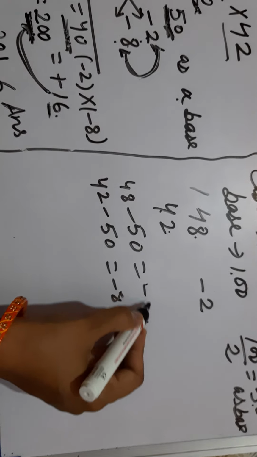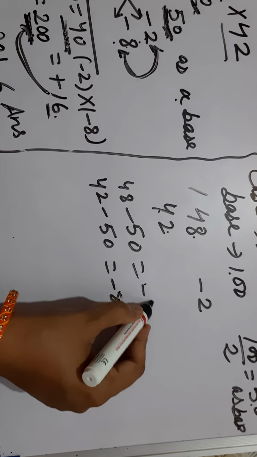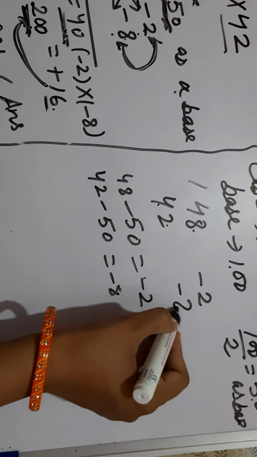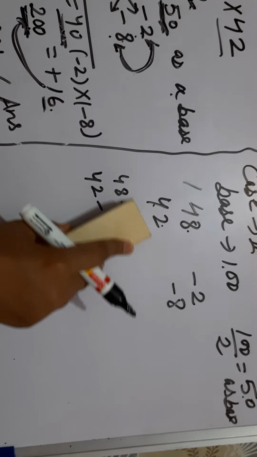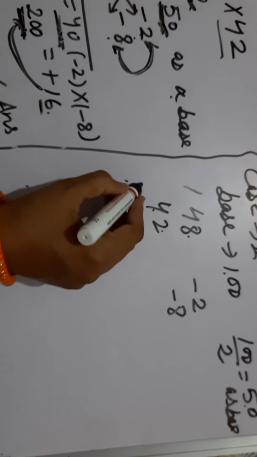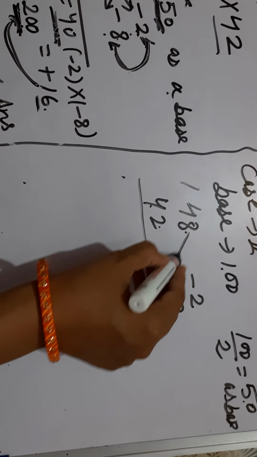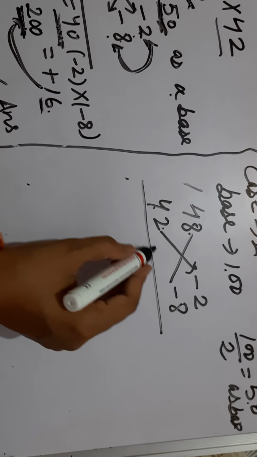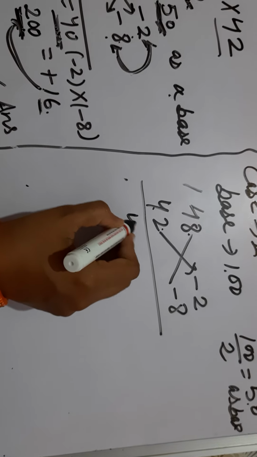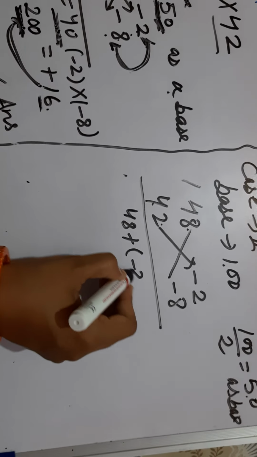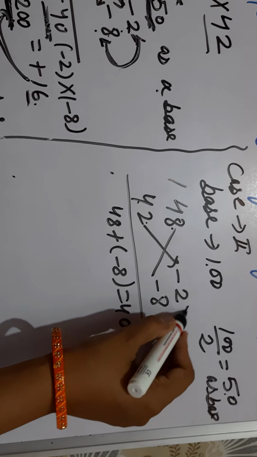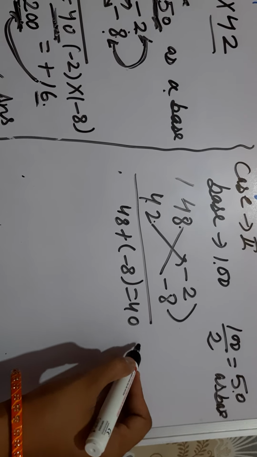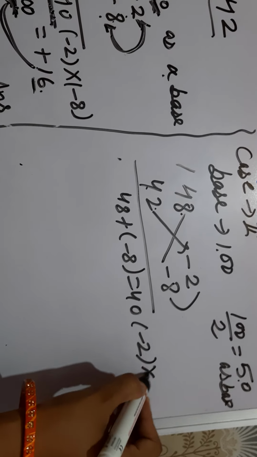Minus 8. So after receiving these complements, what we have to do? We have to do the addition operation in cross. What we get here? 48 plus minus 8, so we get 40. Here what we get? Minus 2 multiplied by minus 8.